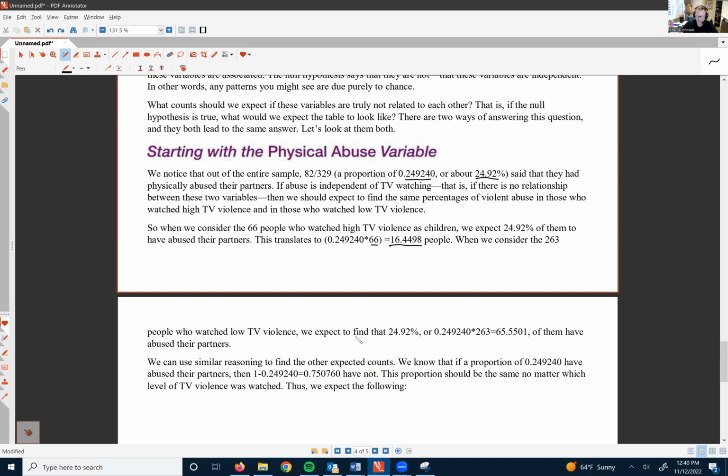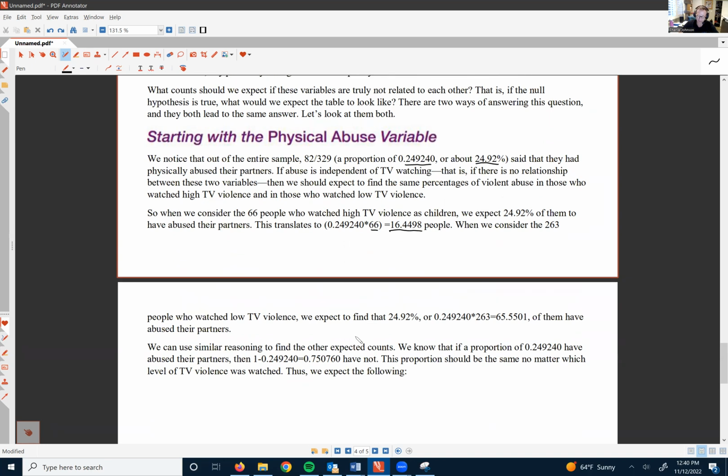This proportion should be the same no matter which level of TV violence was watched, assuming the null hypothesis is true, assuming there's no association.